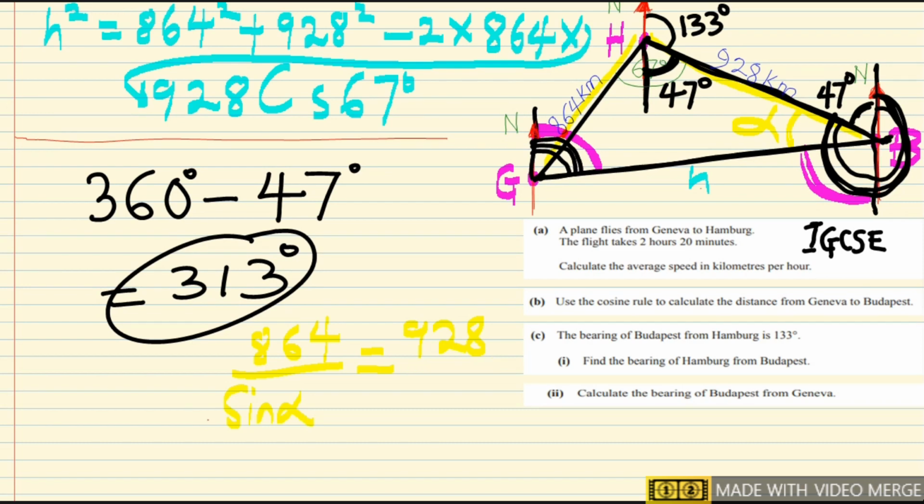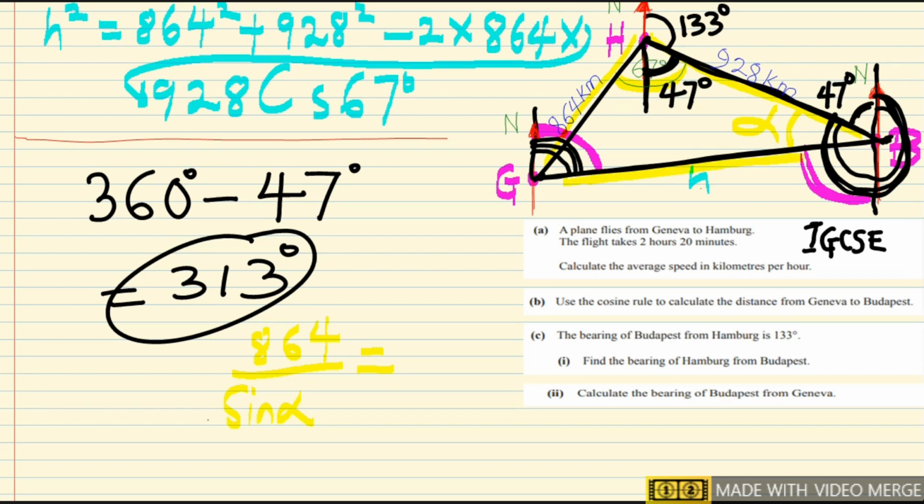We can't use that. Let me use what we have. We have this angle here to be 67, which was given in the diagram. So we can say that we found this other side here from the beginning.